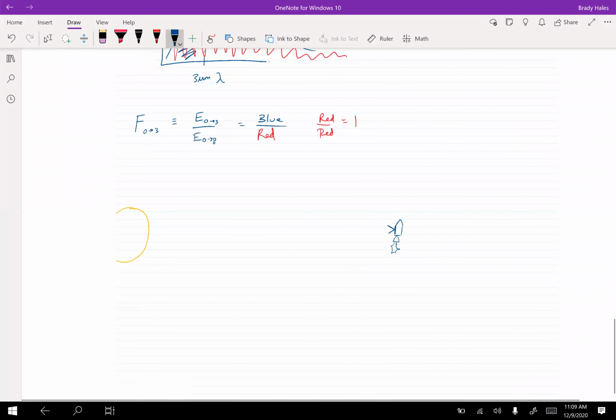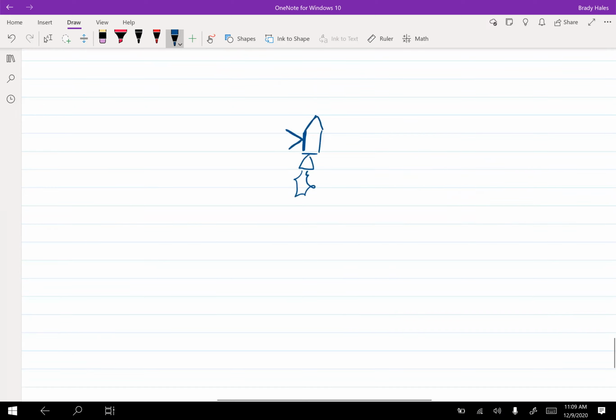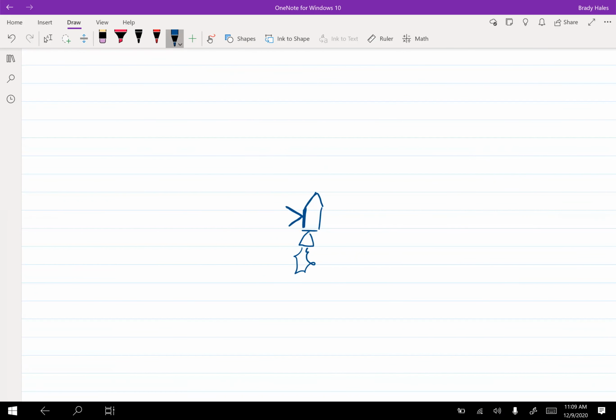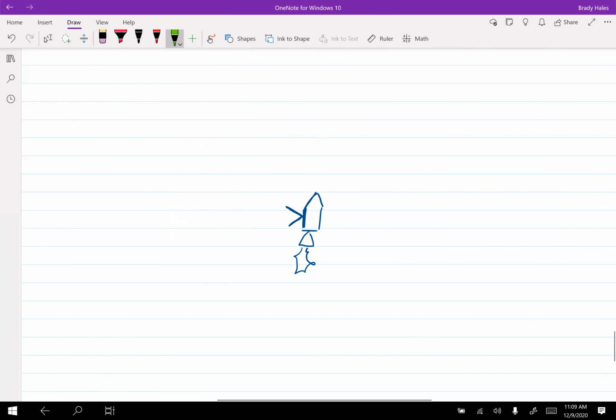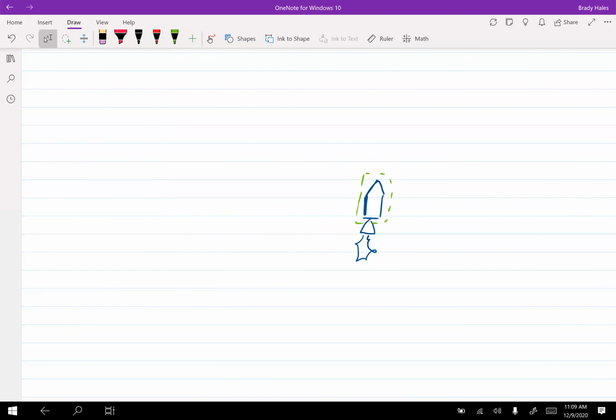So this is what we would do is choose a system, right? So what are we interested in? We're interested in the temperature of the rocket, right? Okay, so let's choose a system, right? So the rocket is my system. Okay, what interactions do we have?